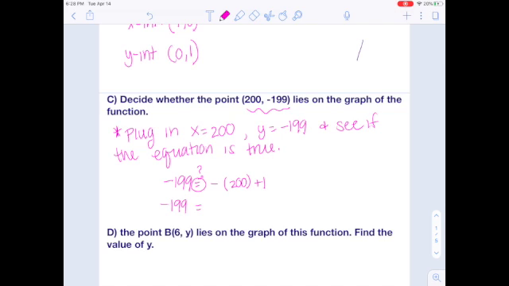So does negative 199 equal negative 200 plus 1? I would say that is definitely true. So since it is true, the point (200, negative 199) lies on the graph.